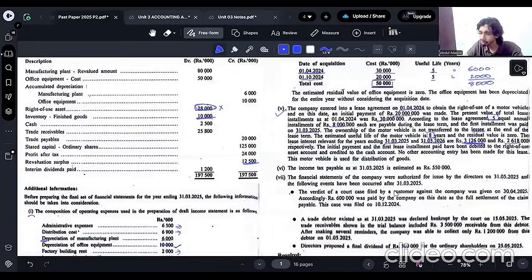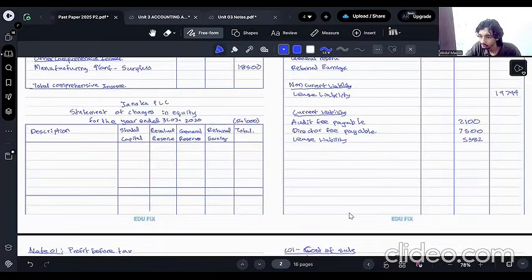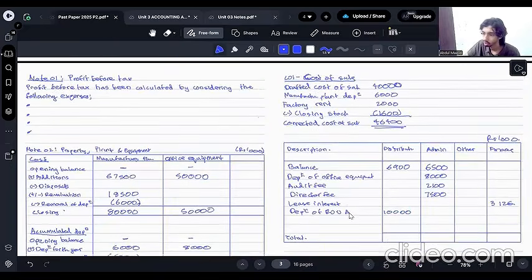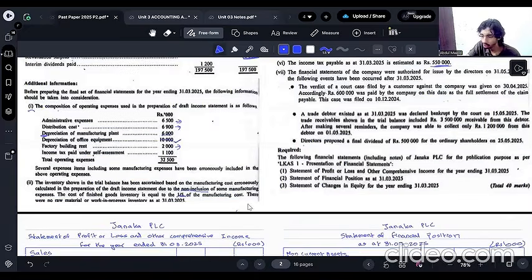The income tax payable as at 31st March 2025 is estimated as 550,000. Okay. Now we'll draw a small income tax account. There won't be any opening income tax because this is a newly started business. Income tax paid amount is 1,100.